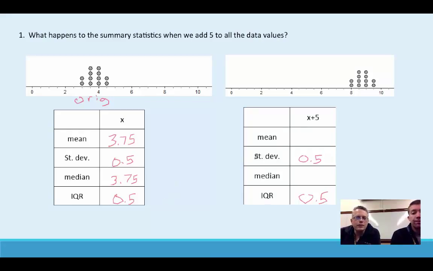So the new mean is 8.75, and the new median is 8.75. This is a rule to remember: when we add a number, spread stays the same, but measures of position change.